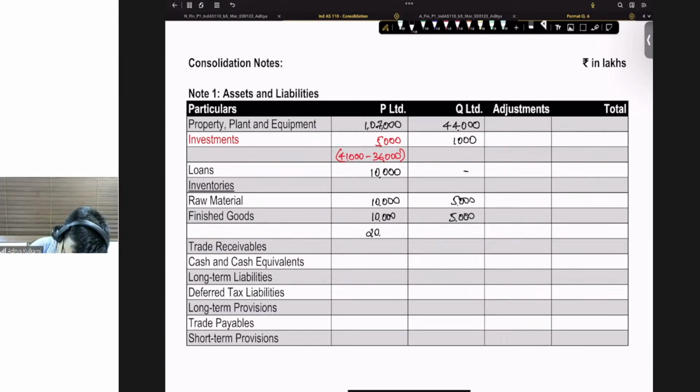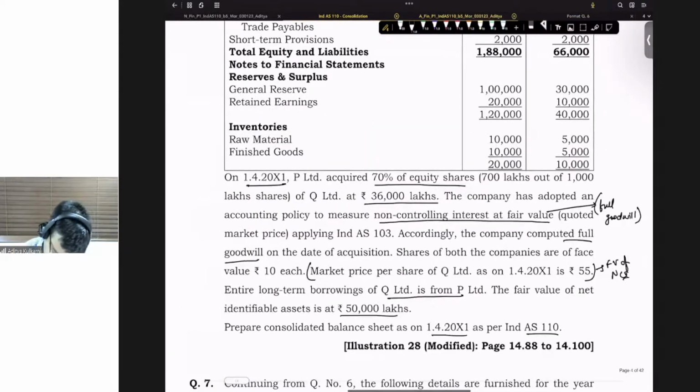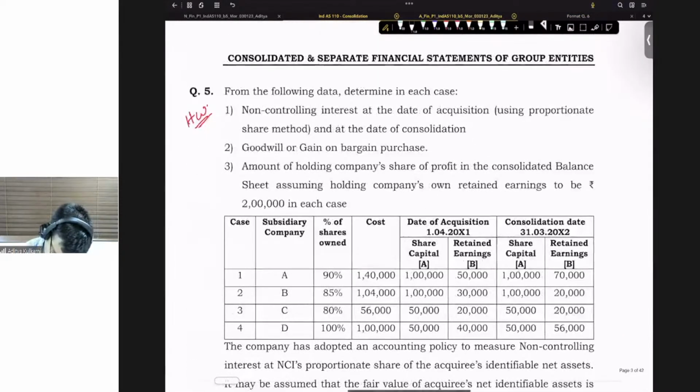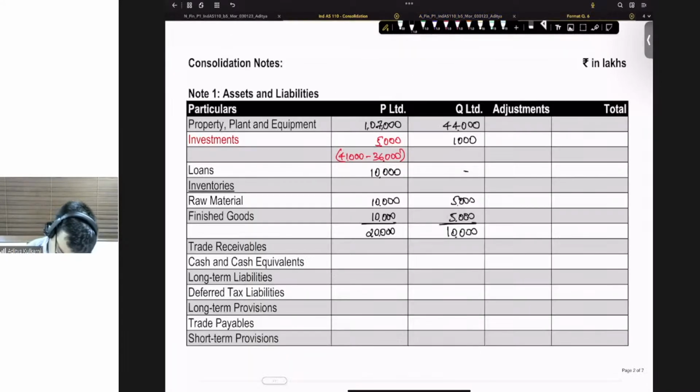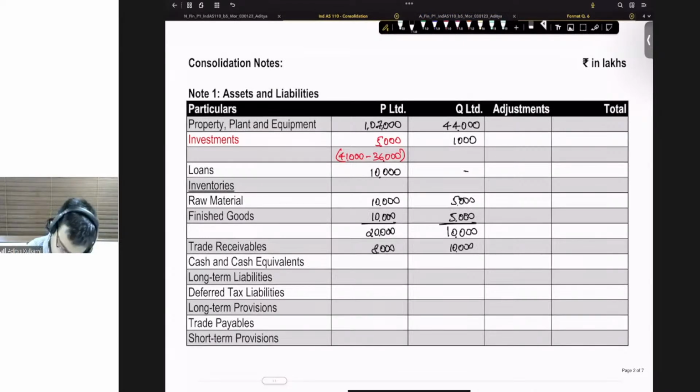So this makes it 20 and 10. Okay, next. Trade receivables 8,000, 10,000. Cash and cash equivalents 2,000 and 1,000.